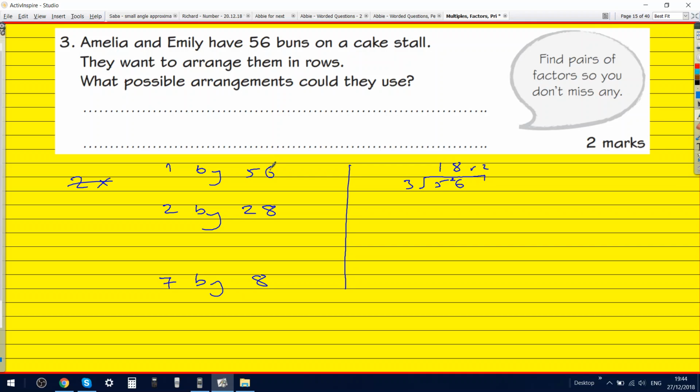4, well, possibly 4 and... Maybe. Yeah. And then 5, well, not 5 because it doesn't end in 0 or 5, so not 5. 6?